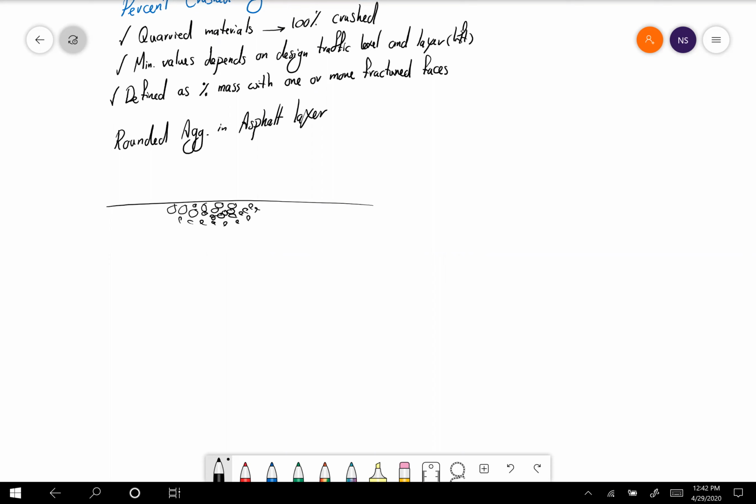The problem with that is that when you have the traffic load, since there's no friction between the faces, once you have the tire load, there's going to be a shear plane. And aggregates are going to slide on top of each other. Then you have rounded aggregates. So we don't want to see that.